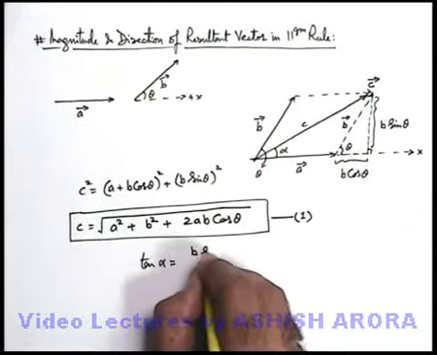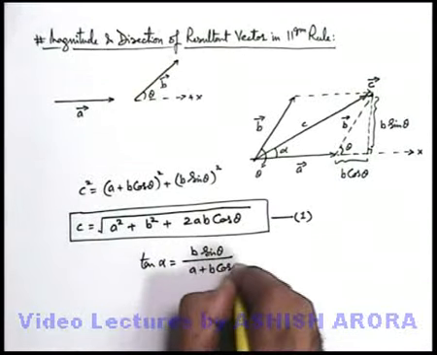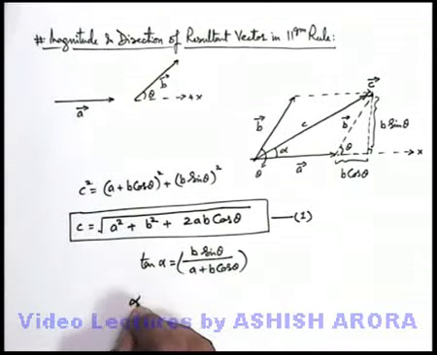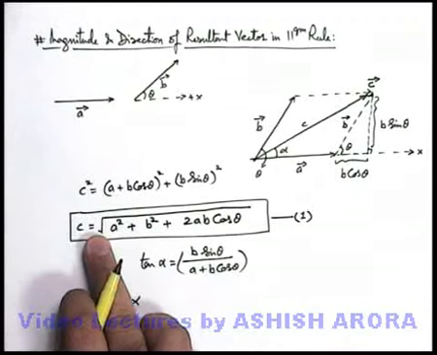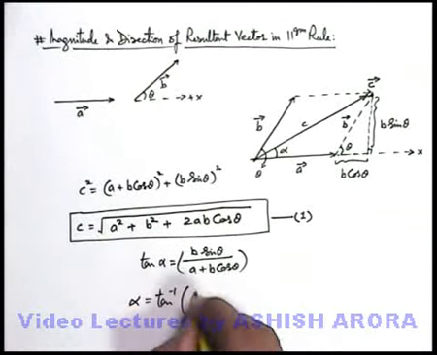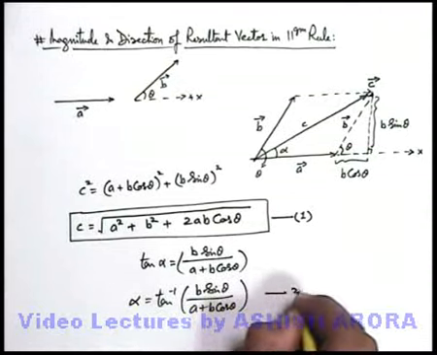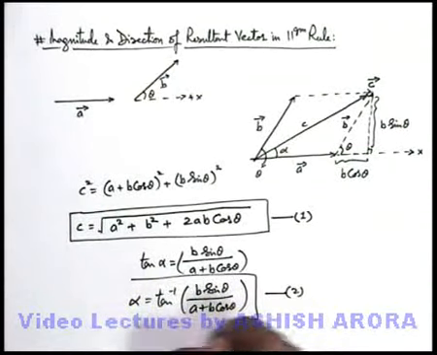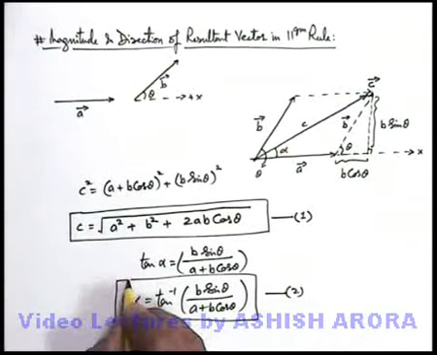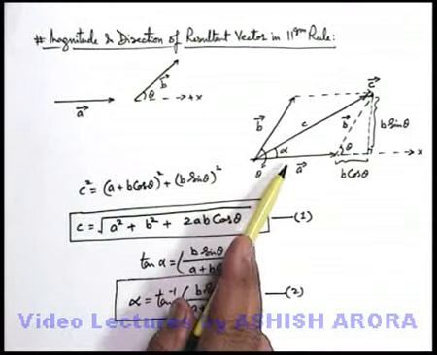So here the angle alpha which the vector C makes with the x-axis can be written as tan inverse of B sin theta upon A plus B cos theta. This is equation number 2, or the second formula of the parallelogram rule, which gives us the angle made by the resultant vector with the direction of one of the vectors.